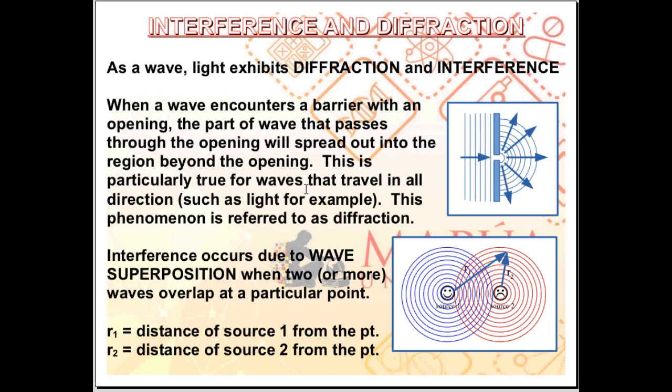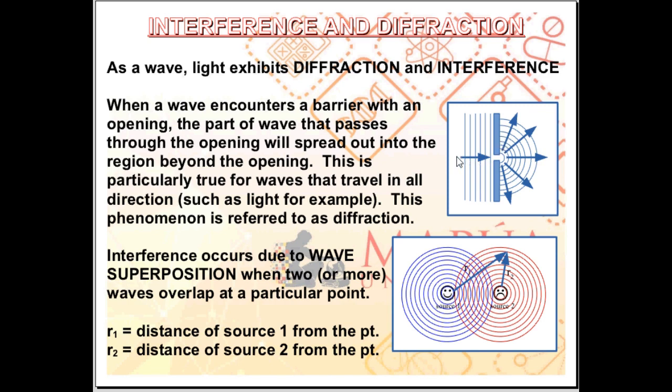This is particularly true for waves that travel in all directions, such as light. This phenomenon is referred to as diffraction. Sound waves also travel in all directions, so sound also exhibits diffraction.